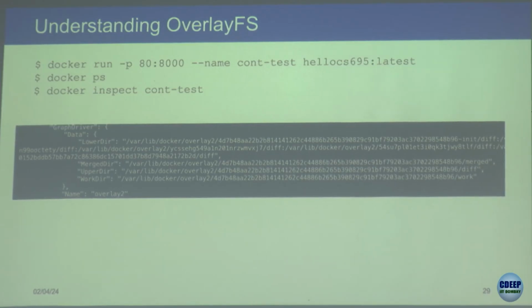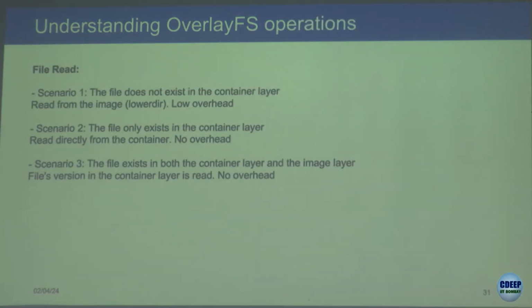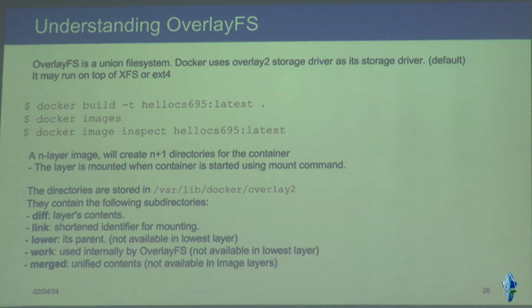But basically, what is overlay file system? That's what we want to understand. So it's basically a union file system. It takes many files, many directories, and on top of it builds and says, hey, this is a directory. Internally it uses files, and it can be run on top of XFS file system, or on top of ext4 file system.